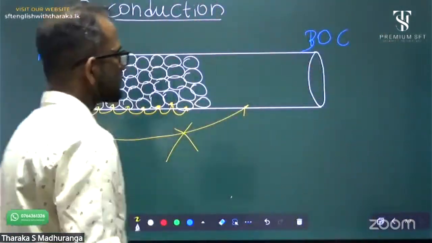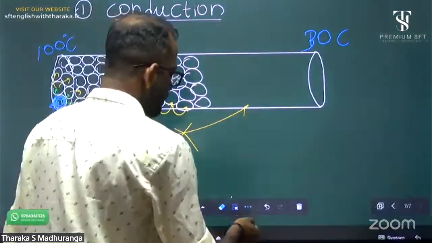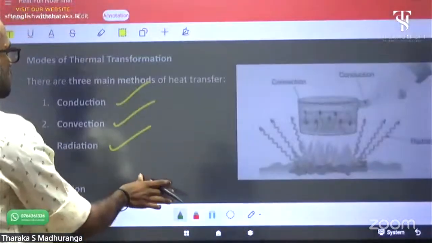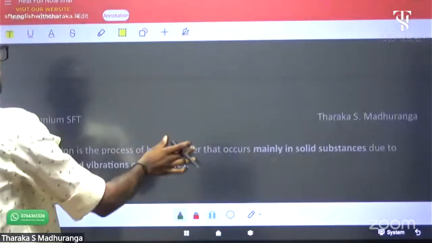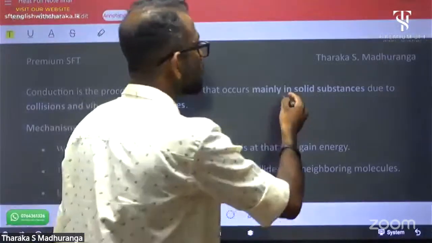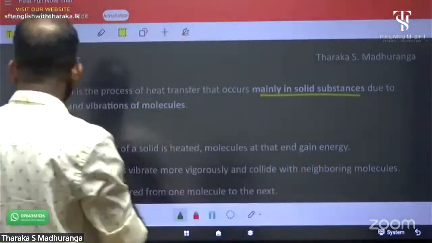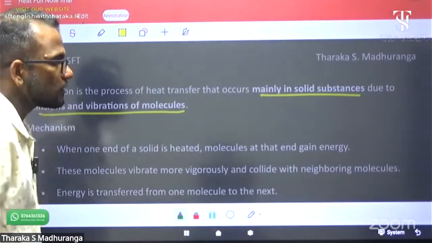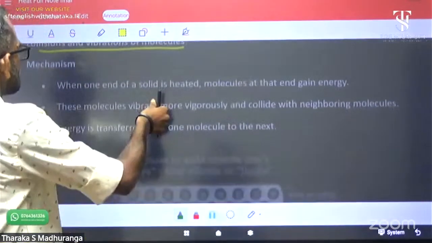Okay, I think for conduction, convection, radiation, I am not going to give a short note. It is clearly available in the tube. Conduction is a heat transfer process that occurs mainly in solid substances due to collisions and vibrations of molecules.